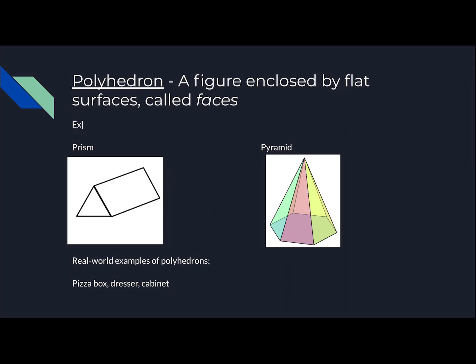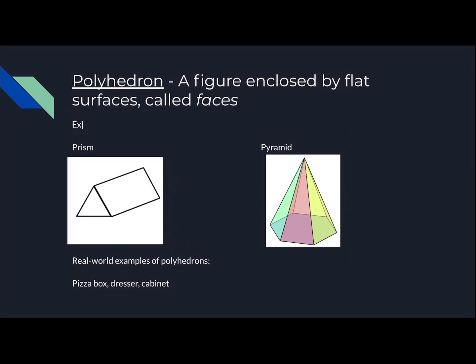And then pyramids, of course, you've seen things like the pyramids of Giza, okay? Some real-world examples of polyhedrons might be a pizza box, a dresser, a cabinet. Even though those shapes don't come to mind when you think of the word prism, they're actually composed the same way that a prism or a pyramid is, okay?